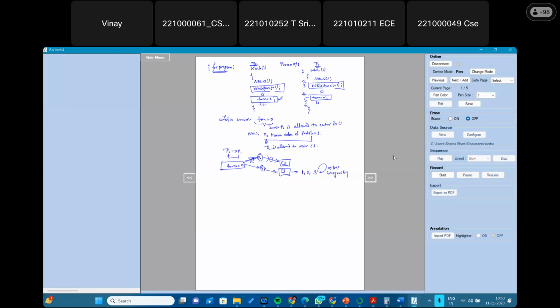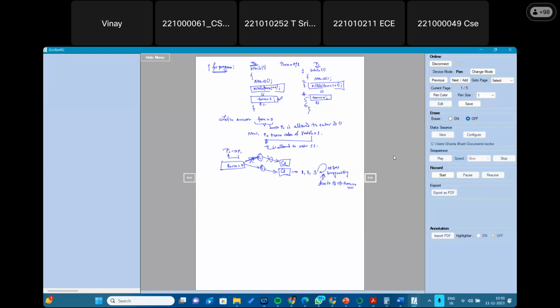So it will not enter into the critical section due to what? Due to P0. Why? Because turn value is 0. If P0 is executed, then the turn value will be set to 1 and then P1 will be able to enter its critical section.